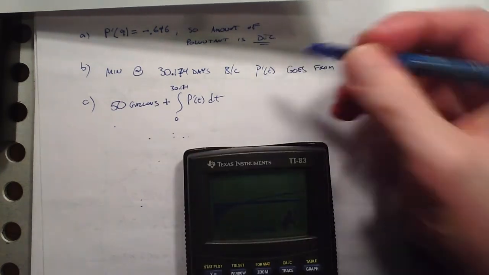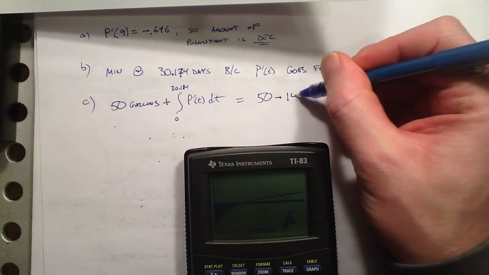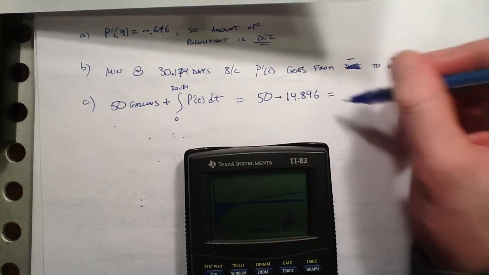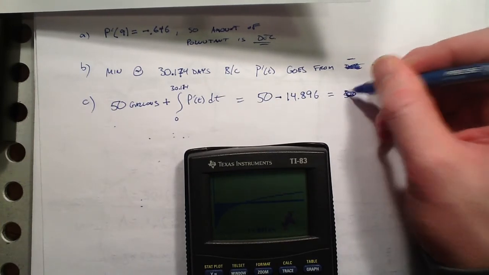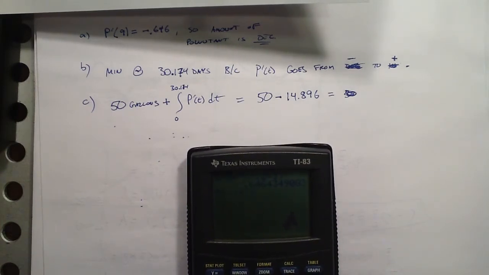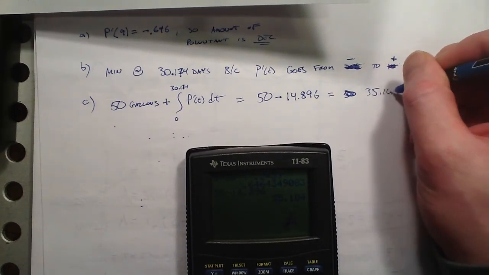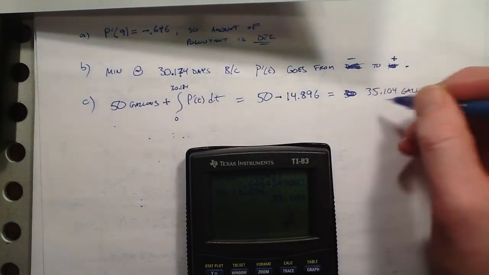So that's 50 minus 14.896, which is 35.104 gallons.